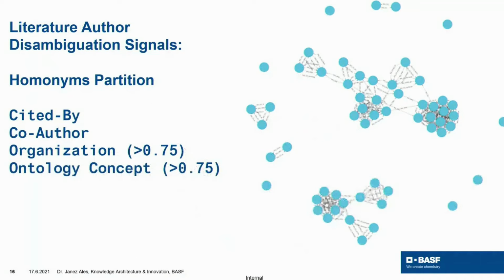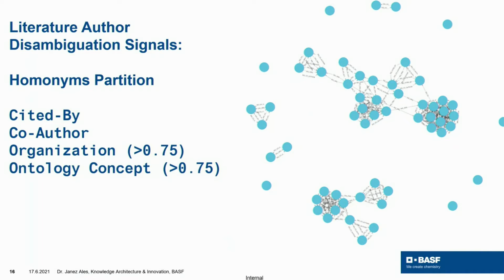And so here, the image now shows instances with the same name, but not necessarily the same person. And I have applied here cited by index similarity and the co-author similarity. And these are a given.